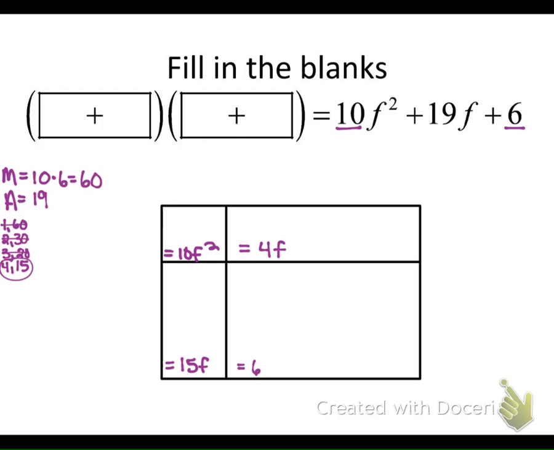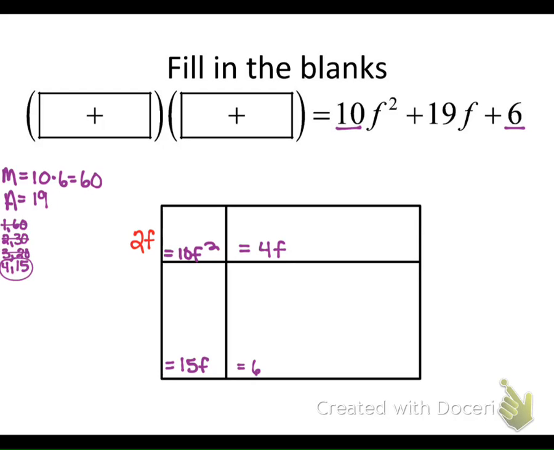One, you can come over to the left and do factor trees for 10 and 4. Or you can think to yourself, what's the largest number that both 10 and 4 can be divided by? It is 2. If you factored it out using your factor trees, you'd also see that it's 2. Now, what variable do they both use? F.